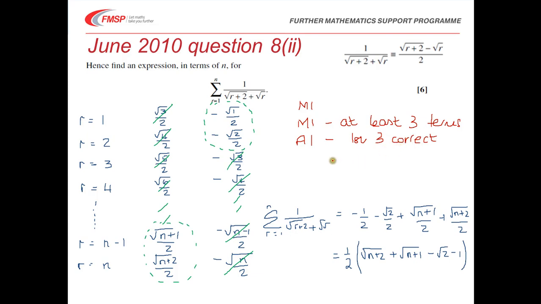You get another accuracy mark for the last 2. And you get a method mark for showing your cancelling. So I'm just writing those down so you can see where the marks actually come from, and then you have an accuracy mark here at the end for getting the correct sum. So 6 marks for that part.